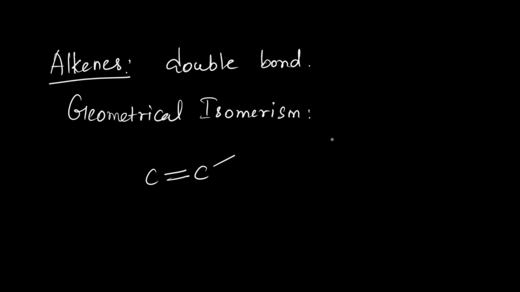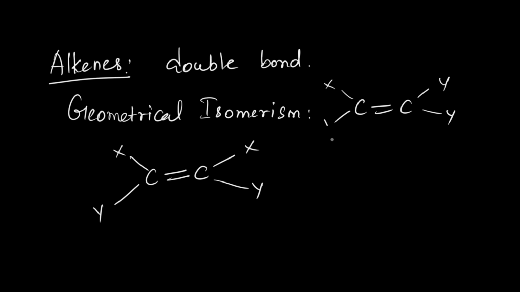Yes, that is true. In case of geometrical isomerism, we are taking a rigid double bond system, but the twist is each carbon across the double bond should have different groups attached to it, like this. So if I am having a compound like this, it will not undergo geometrical isomerism.